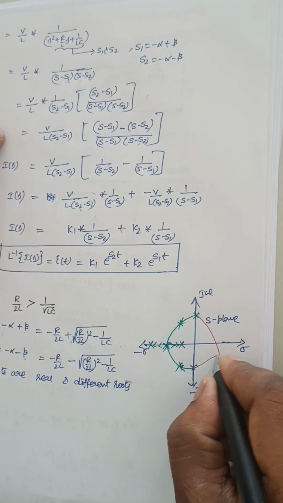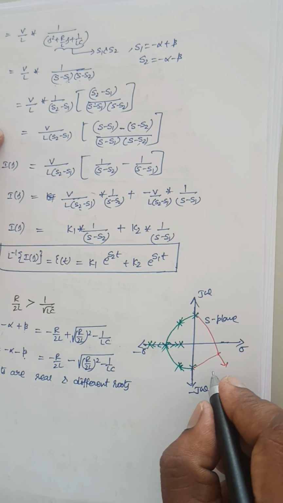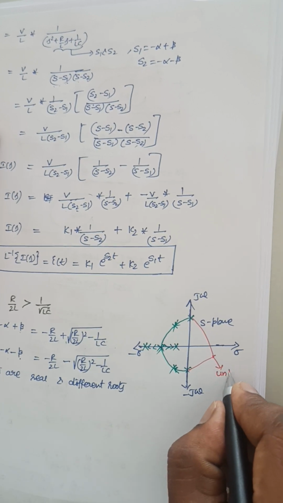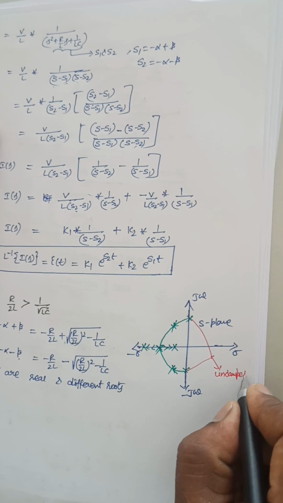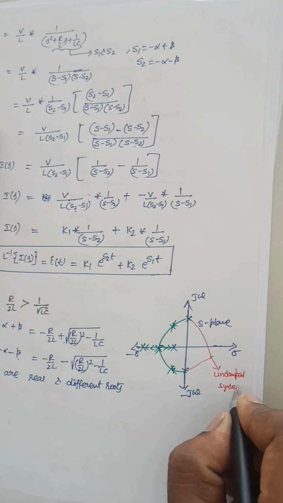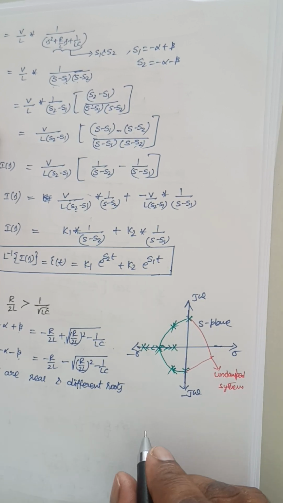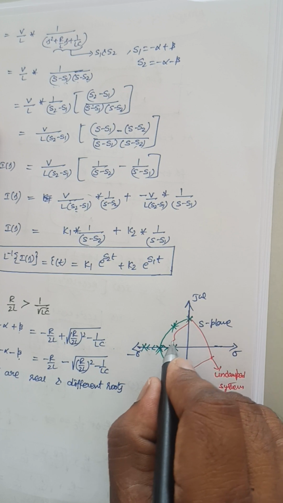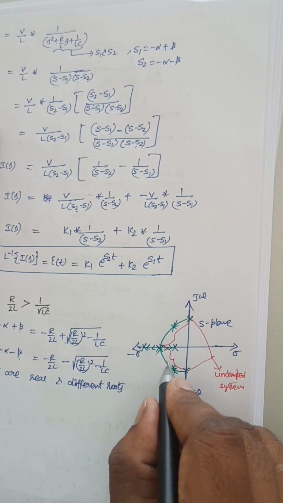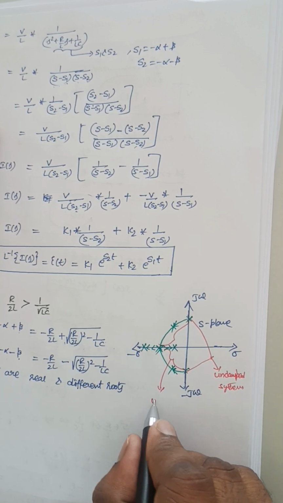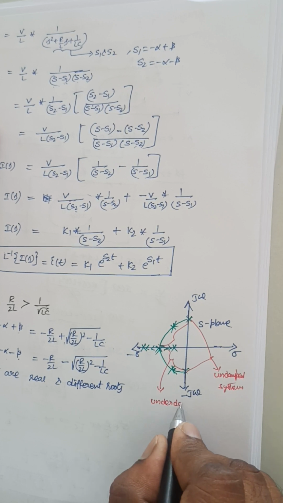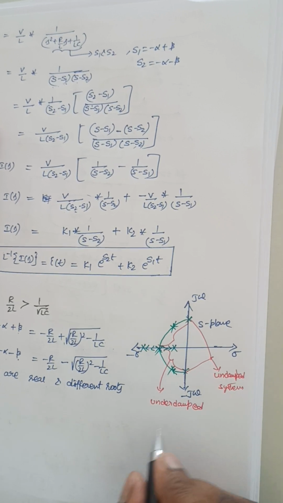In this case the system response is an undamped response. If the roots are located in this place, then that is an underdamped system.